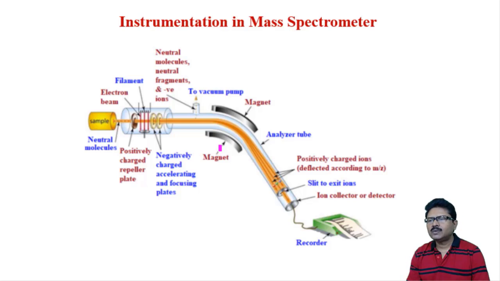So the deflection will mainly depend on the mass of the charged particle. Here we can see different charged particles having different masses will follow different paths and ultimately be detected by the detector. The detector output will give the record by using a recorder as well as the mass spectrum. From that mass spectrum, different molecules and different atoms are ultimately identified.